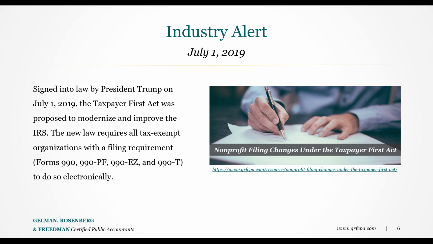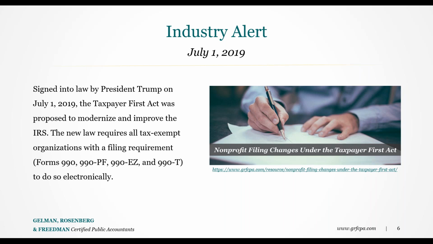So, good morning, everyone. Before we get into the details of the webinar topic today, we wanted to provide this industry alert. I think we sent this alert a few weeks ago via email, but on July 1st, 2019, President Trump signed the Taxpayer First Act into law. This was proposed to modernize and improve the Internal Revenue Service, and the new law requires all tax-exempt organizations with a filing requirement to do so electronically.